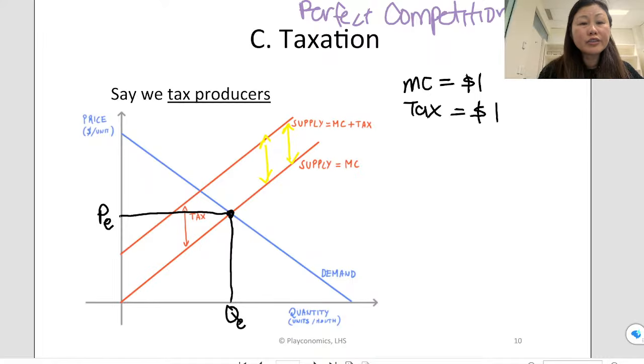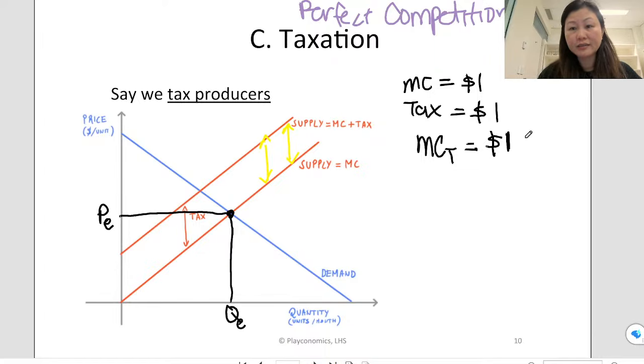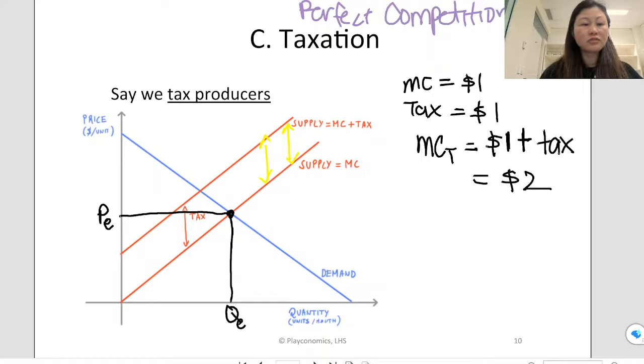So your true marginal cost, or your new marginal cost, equals $1, which is my cost of production per unit, plus tax. Because tax in this case is $1, your marginal cost is $2.